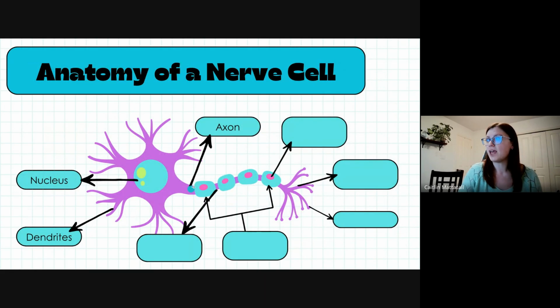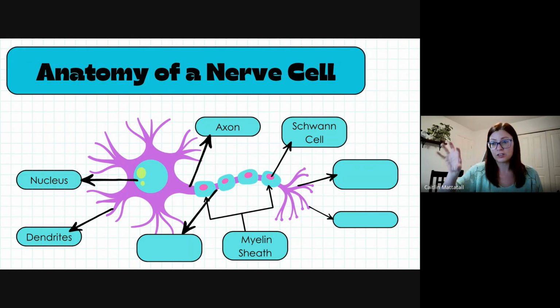Okay, again, we have the axon, which is this bit coming off of the cell body. And the axon is this long piece that goes all the way down here. Okay. Again, the little bubbles are called Schwann cells. And together, the Schwann cells create the myelin sheath.